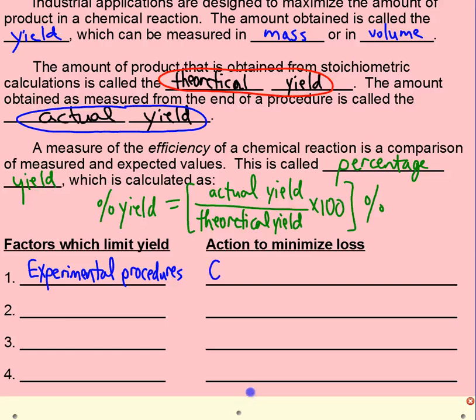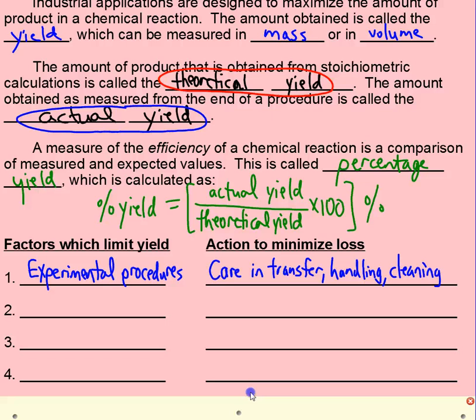We can take in transferring, handling, and cleaning equipment. Okay, that can all be useful in making sure that nothing that the experimenter does is going to minimize the yield.